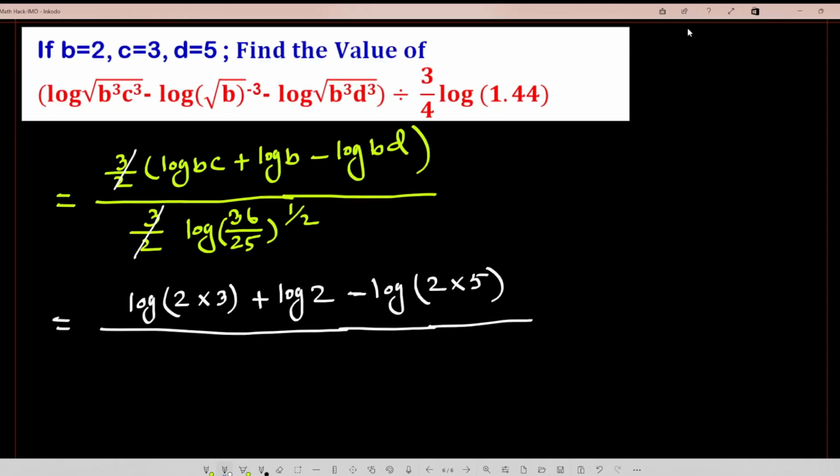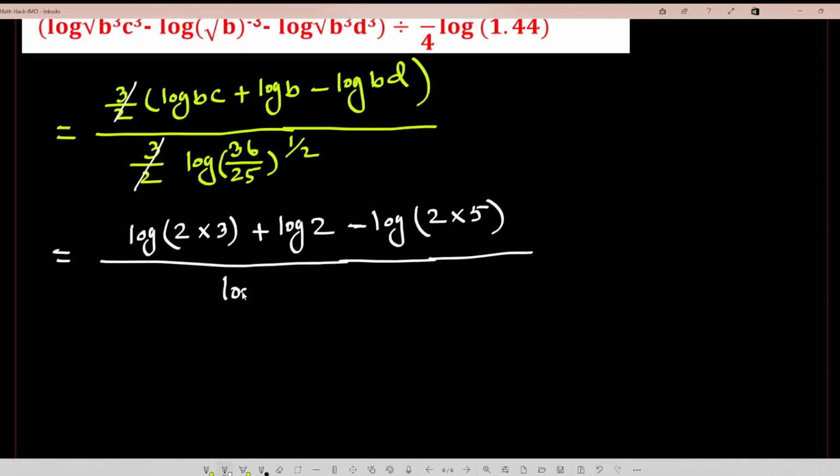And here we know any kind of power, a to the power 1/2 means root a. Therefore here is 36 by 25 to the power 1/2, we can write root of 36 divided by 25.